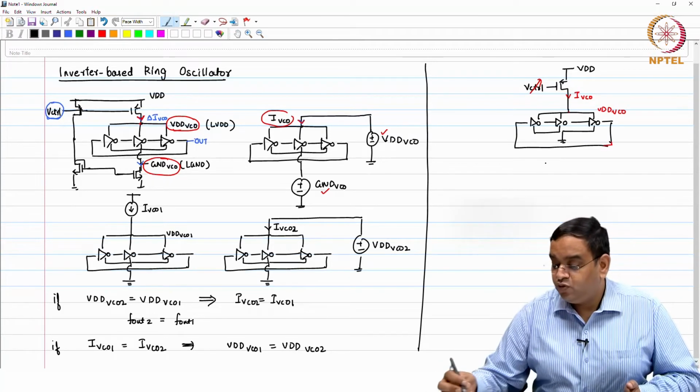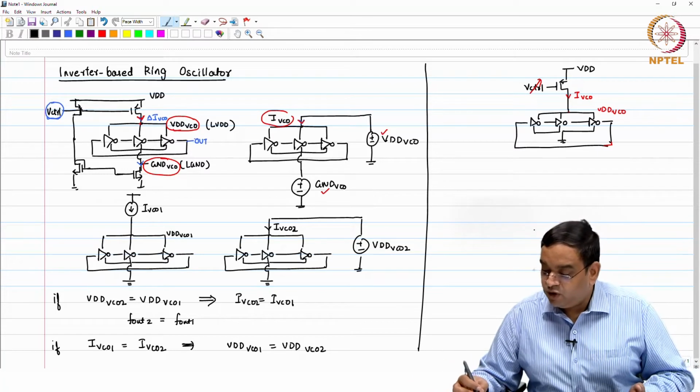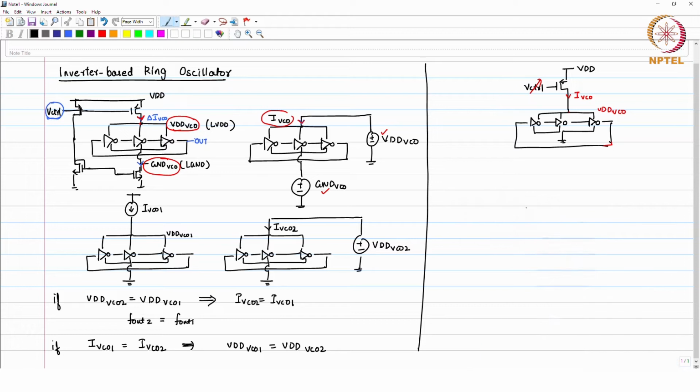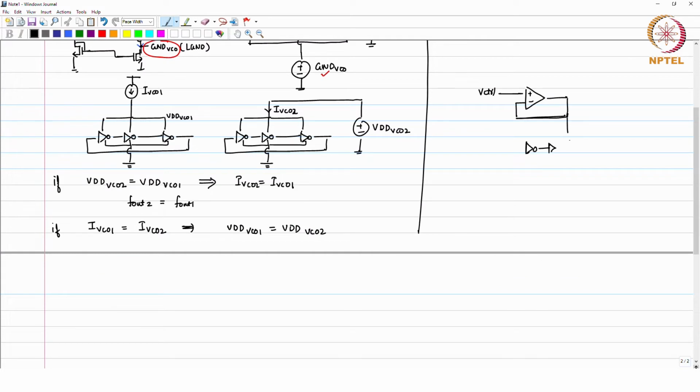Whereas, if you want an ideal voltage controlled oscillator, you can use a regulator to fix the output voltage. Okay. So, I will give this as V control, and this V control feeds to your oscillator.